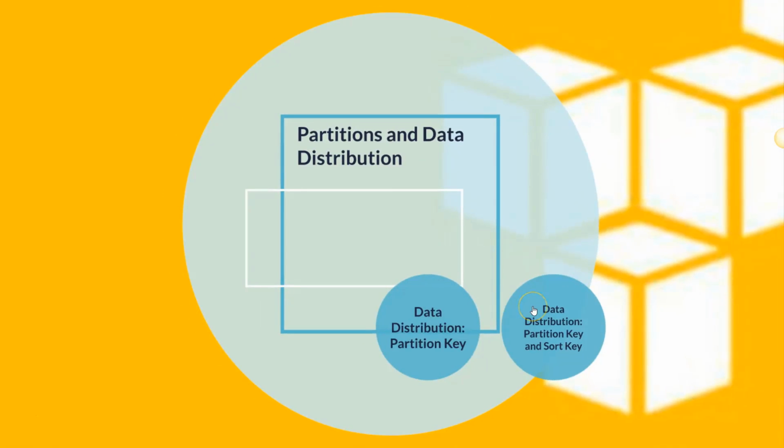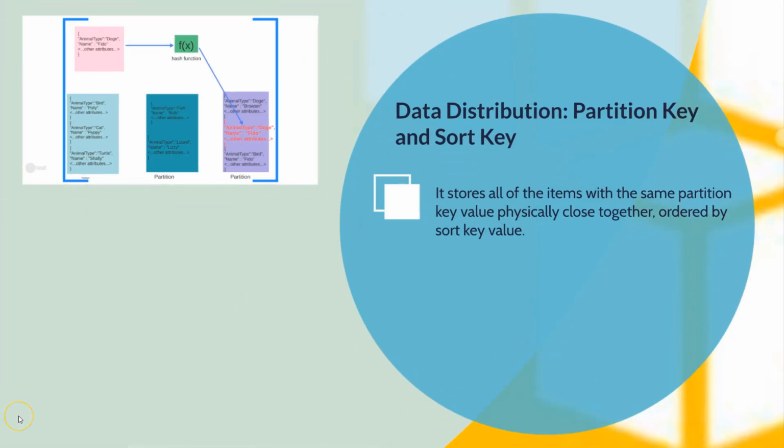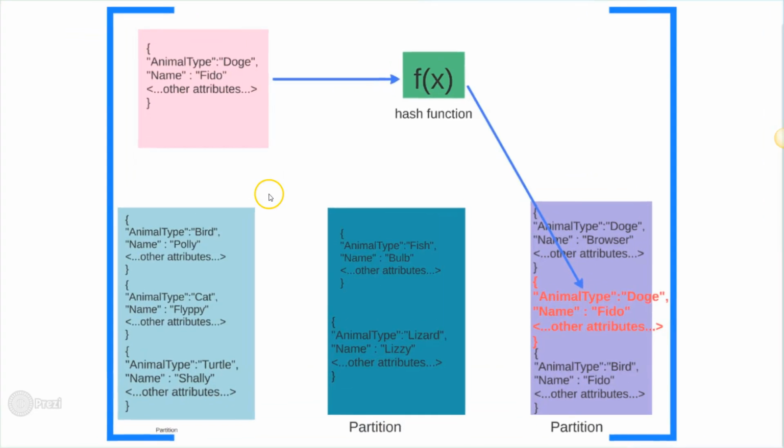Now we will talk about data distribution for a partition key and sort key. If the table has a composite primary key, that is a partition key and a sort key. So here you can see this is one table which has a partition key and a sort key.